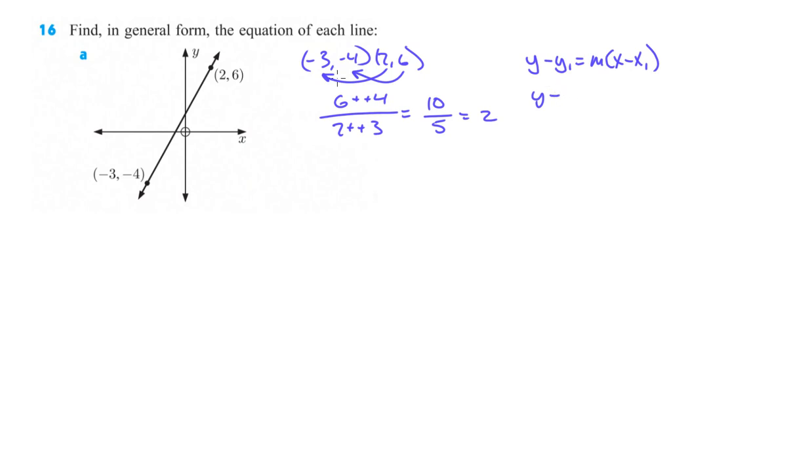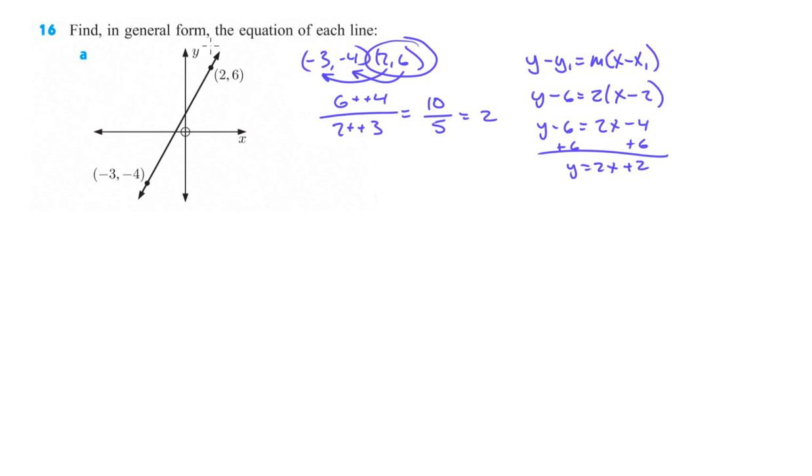So y minus, and we can choose either one of these. I'm going to choose this one because it's got a couple of positives. Y minus 6 equals our slope, which we just found is 2, and then x minus 2. So y minus 6 equals 2x minus 4. Add 6 to both sides. Y equals 2x plus 2.